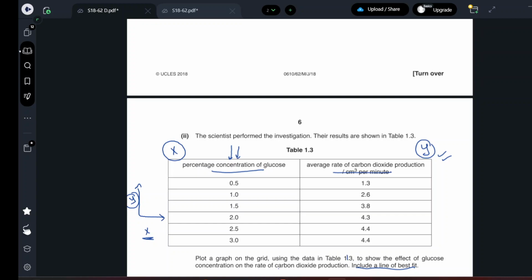Okay. Since the numbers here have equal intervals, we can put them as they are: 0, 0.5, 1, 1.5, 2 on the x-axis. What about here? You have from 1.3 till 4.4. So if you're going to put a scale, your scale should cover from 0 to 5.